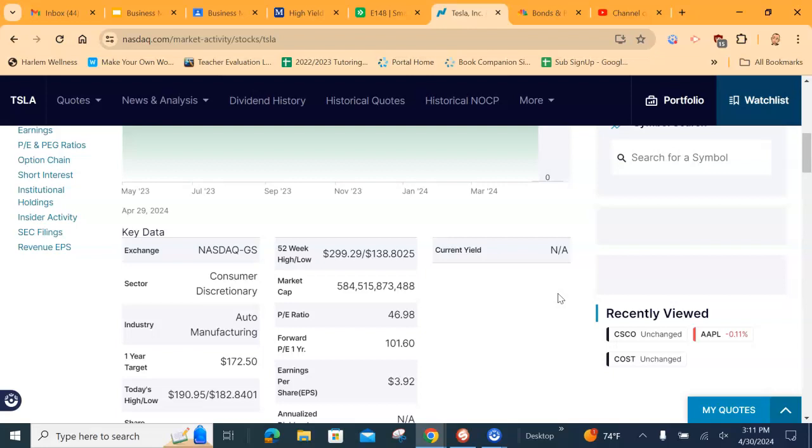And then sector and industry, those are up there too. So consumer discretionary, which means it's a nice thing to have, but it's not a necessity necessarily. In the industry, auto manufacturing.